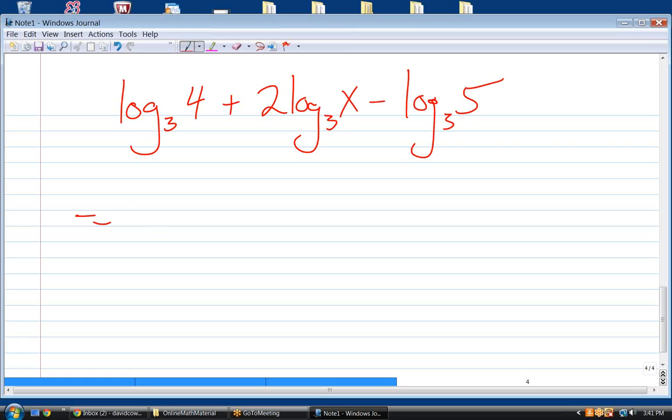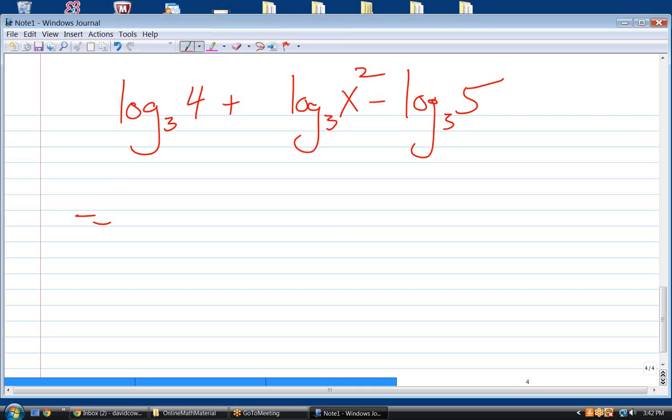I like to follow a set pattern when I do these. In other words, I always do this one as my first step. Let's get rid of the coefficient in front of the log. So that immediately becomes that. Now what?